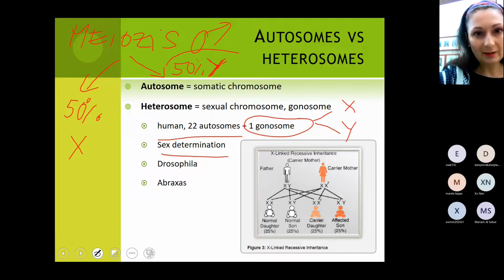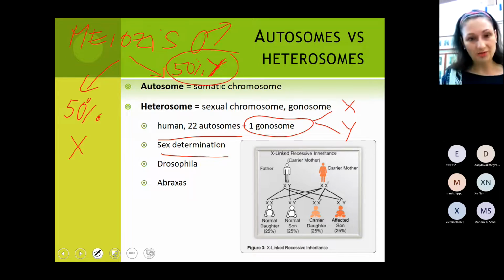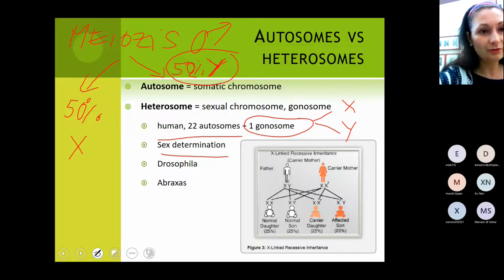Actually, you have a slightly bigger amount of Y sperms, because in nature the Y sperms are more sensitive to the changes of the environment. So therefore you are producing a little bit more, 52 for example, and here is 48.